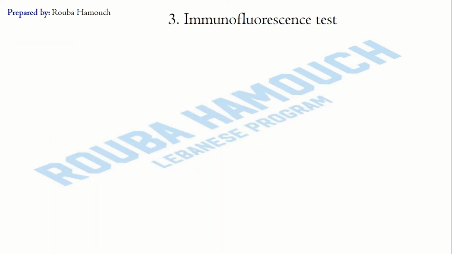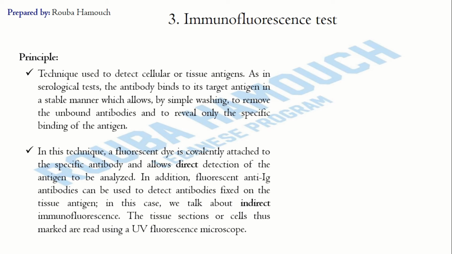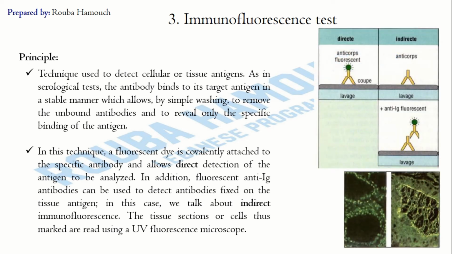Now we pass to the third test, which is the immunofluorescence test. It's a technique used to detect cellular or tissue antigens. As in serological tests, the antibody binds to its target antigen in a stable manner, which allows, by simple washing, to remove the unbound antibodies and to reveal only the specific binding of the antigen.